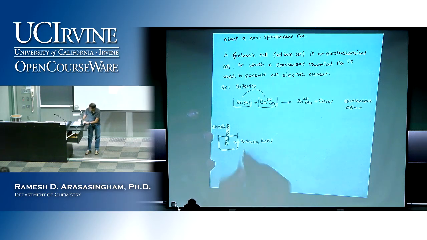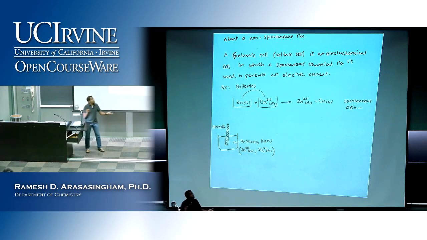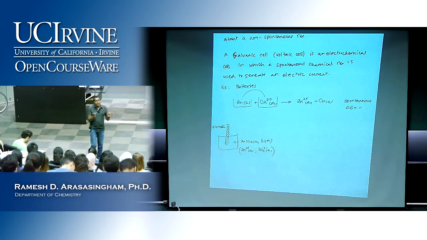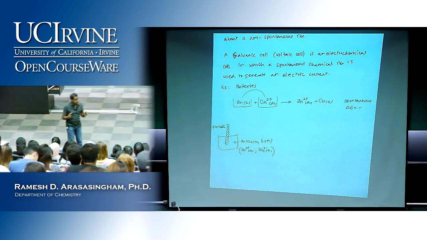Since this is soluble, you'll end up with zinc 2 plus aqueous and sulfate 2 minus aqueous, each of which will be 1 molar. So on one side, you have the reactant zinc, and that's 1/2 of that redox reaction.